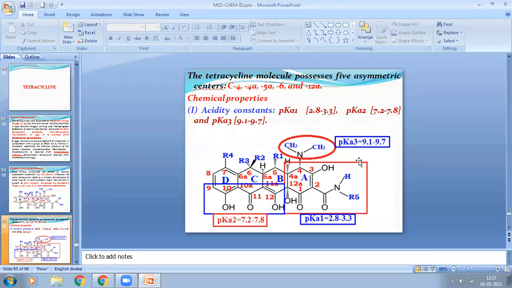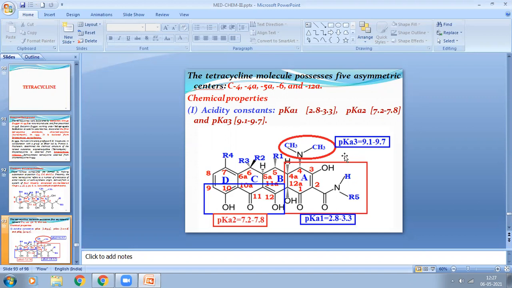Whereas pK3, 9.1 to 9.7, is mainly due to the dimethyl amino functional group. So these are the 3 acidity constants of tetracycline due to the 3 different conjugating systems present in the tetracycline molecule.